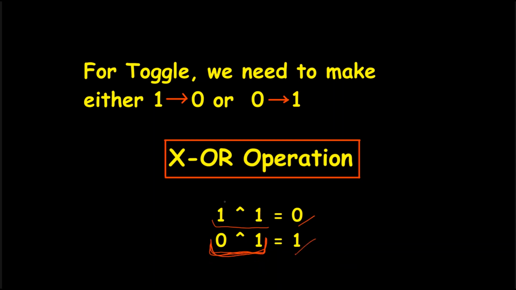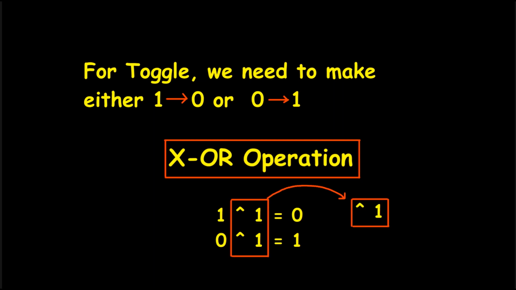So whenever I have 1, by XORing with 1, I can get the toggled value of 1, which is 0. And if I have 0, by XOR with 1, I can get 1. That means with the help of XOR 1, I can make 1 to 0 and 0 to 1.